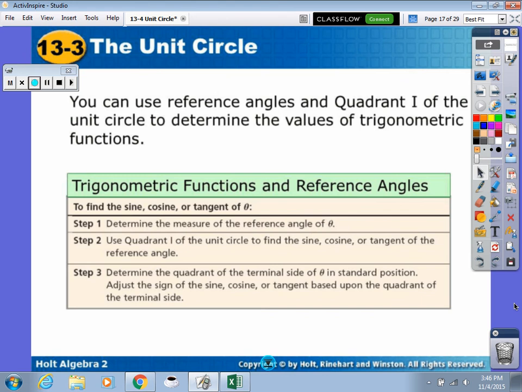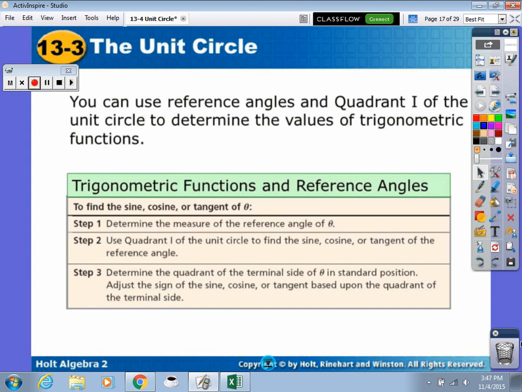We talked last class about reference angles and the quadrants in order to figure out what our trigonometric functions are. What we're going to work on with this is understanding that all of our values can be memorized in quadrant 1, and then we can use our understanding of our signs in the other quadrants to help us in determining the values of our trigonometric functions.